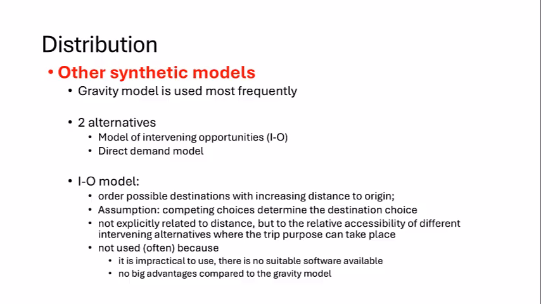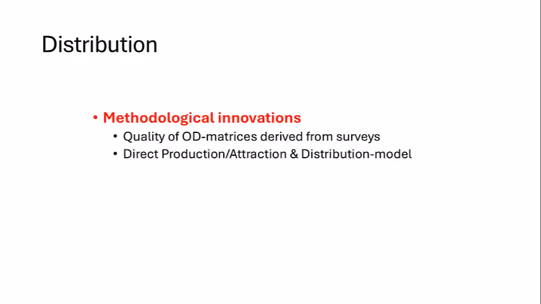The second is the direct demand model, which links demand directly to explanatory variables. In practice, however, intervening opportunities models are rarely used because they are difficult to implement, software support is limited, and they offer little advantage over gravity models.